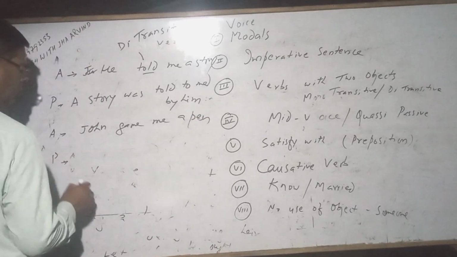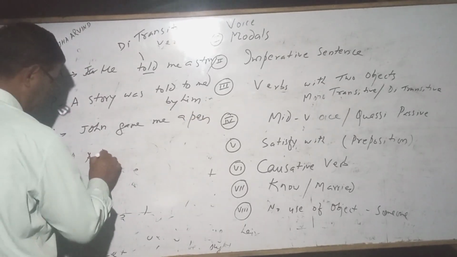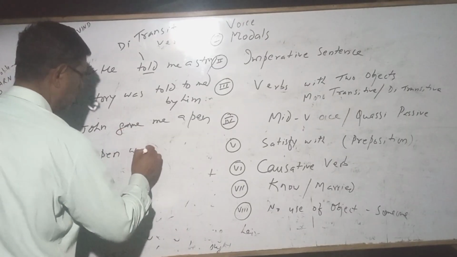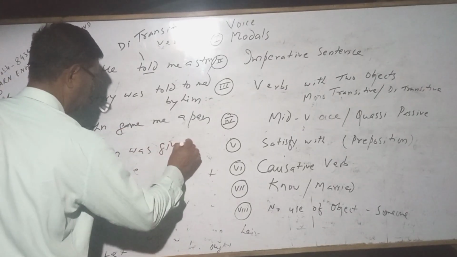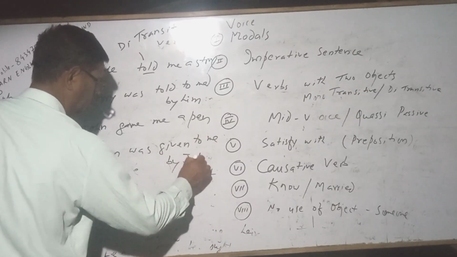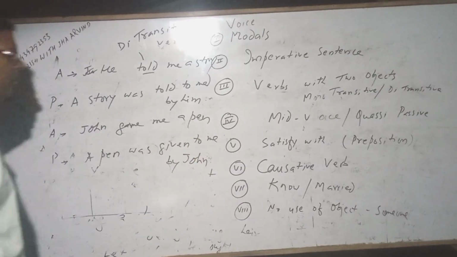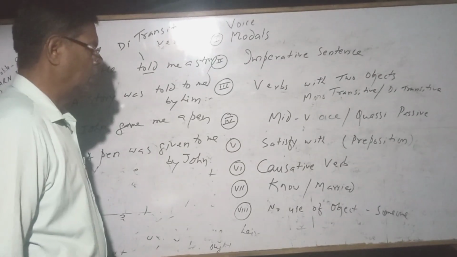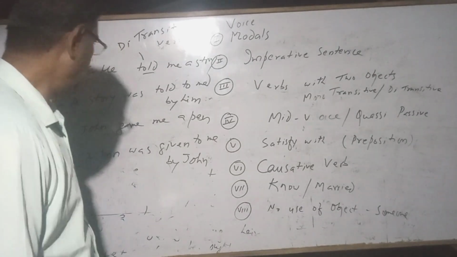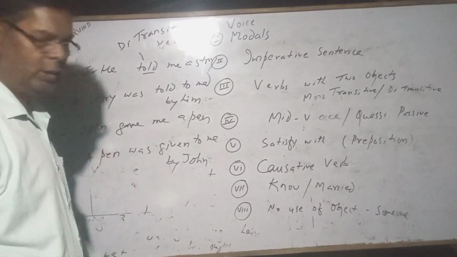Passive: A pen was given to me by John. Okay, this is called verbs with two object. Okay, in this way you can solve any questions.